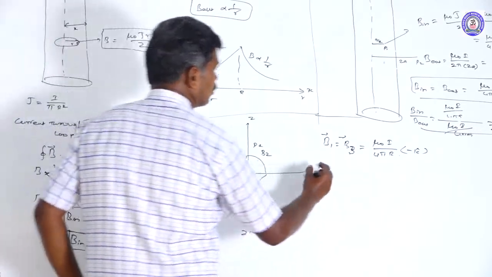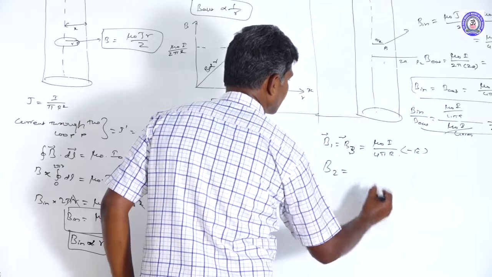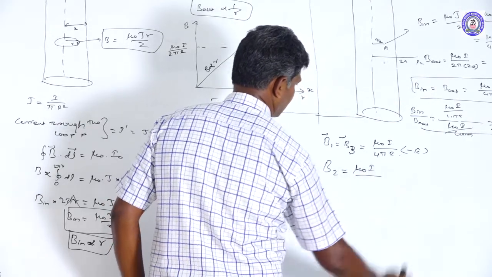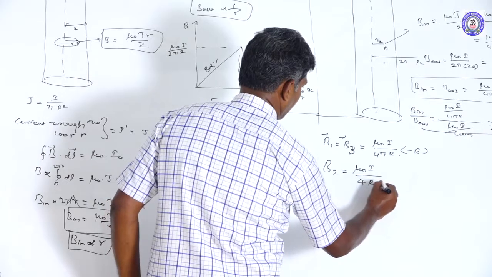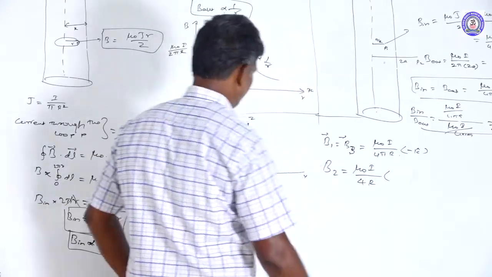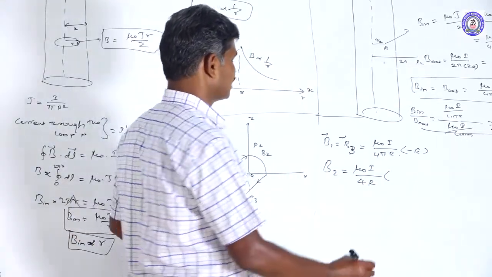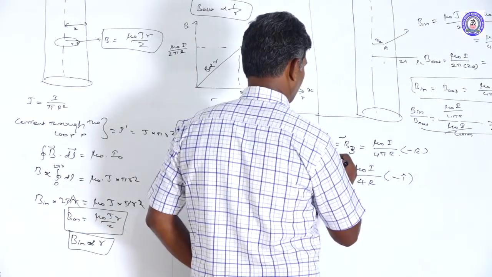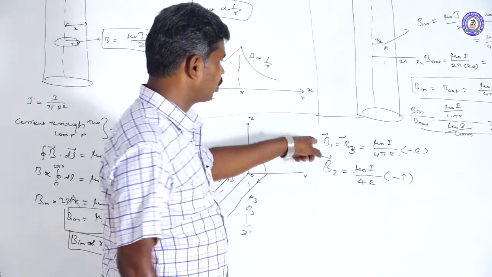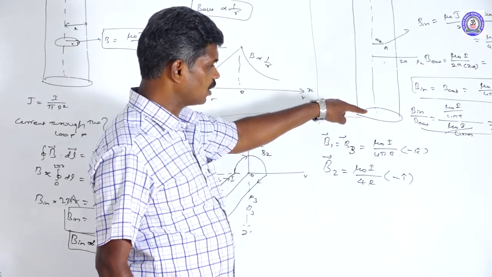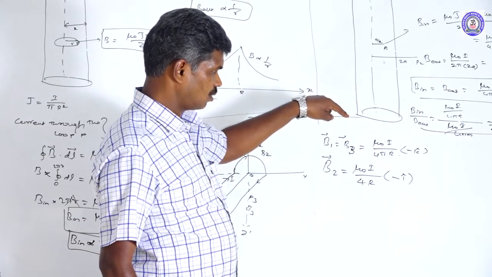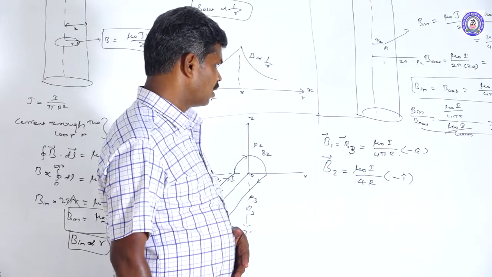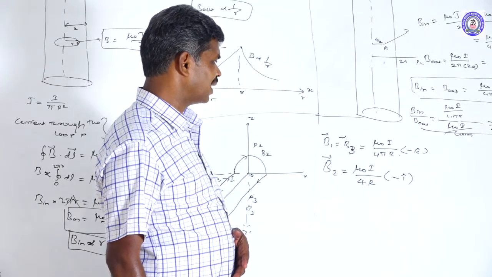So B2 value equals mu naught I by 4r for the semicircle, and inward direction means minus i cap. That is the B2 vector. B1 and B3 vectors are mu naught I by 4 pi r of minus k cap, but this is mu naught I by 4r of minus i cap.